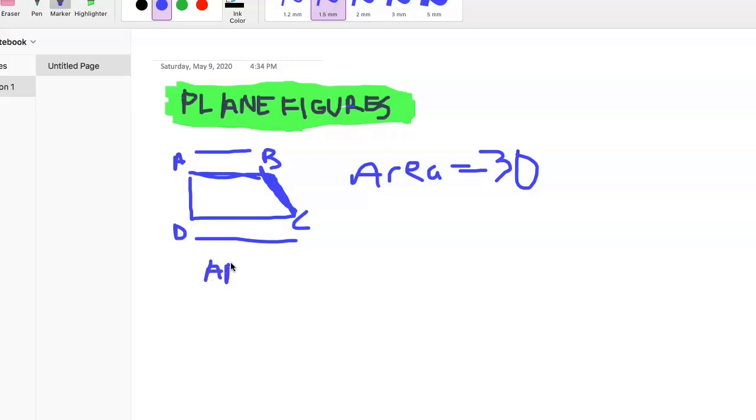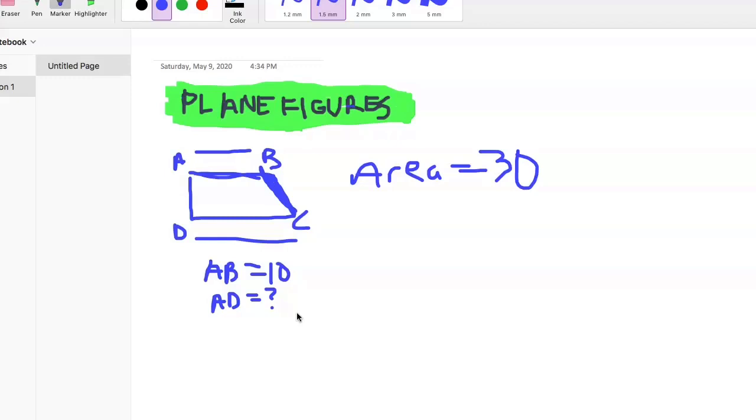It gives an area of 30. AB is 10. What is line AD? How do we do this?